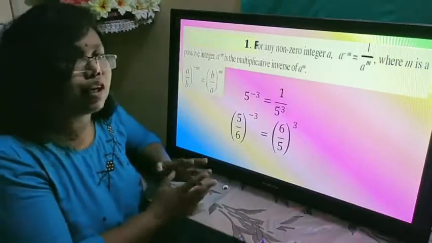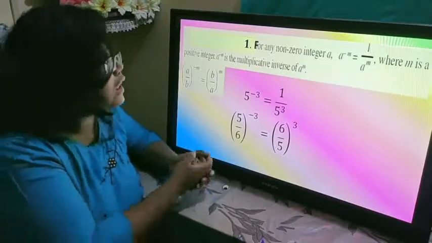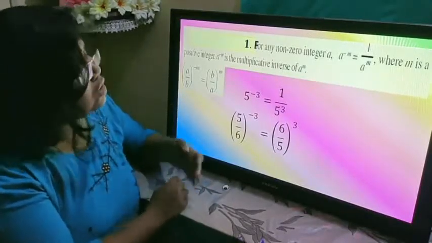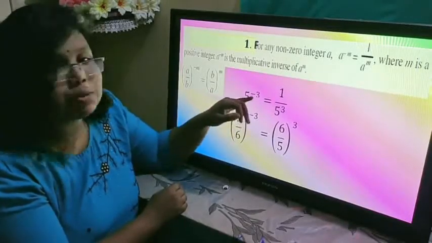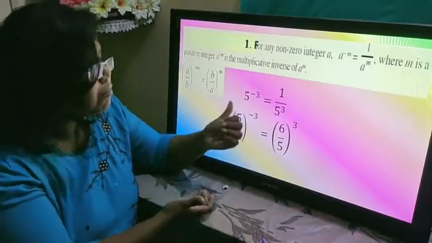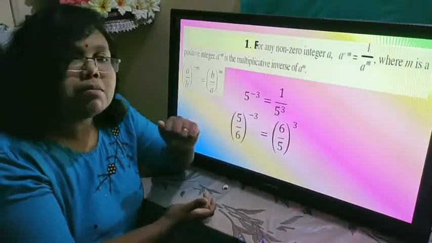Now here we have a fraction, a number which is given a negative power, negative exponent. Then what happens? We find the reciprocal. A upon b would become b upon a, and the exponent becomes positive. That is how it works. Now here we have the example 5 raised to minus 3. Now minus 3 has to be converted to a positive exponent. Then what do we do? We get the reciprocal. 5 becomes 1 upon 5 and this raised to minus 3 would become positive 3.